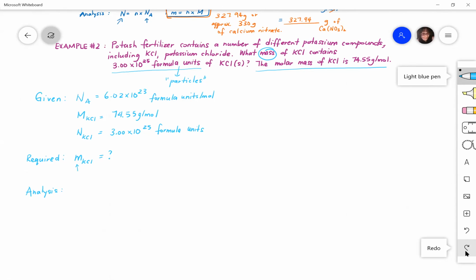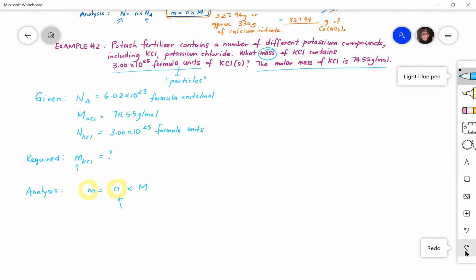Well, from the beginning of the video, I gave you the equation that mass is equal to number of moles times the molar mass. But if you take a look at this equation here, you have two unknowns. You don't know N, and you also don't know M. How could you solve for one of these unknowns? How could you find N?